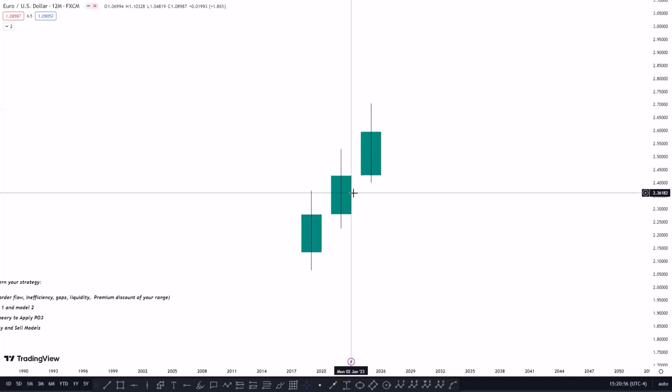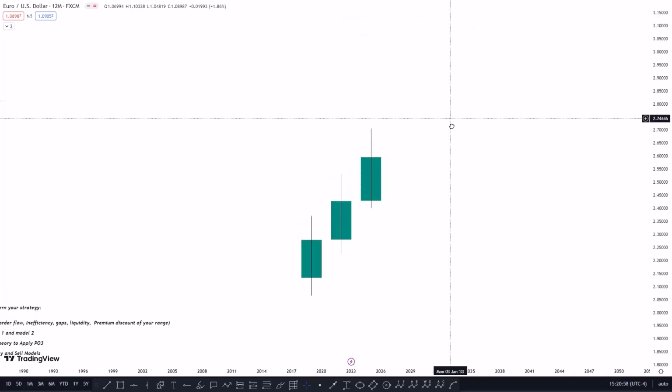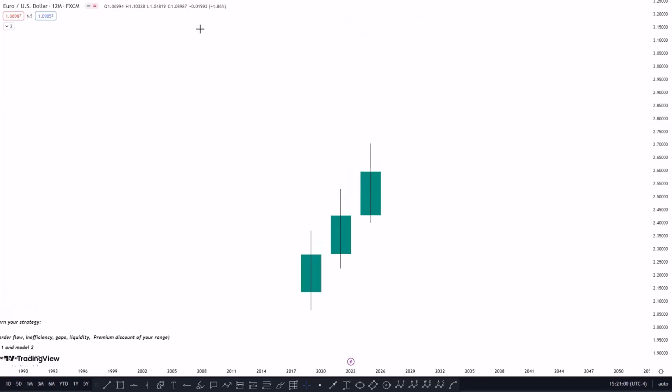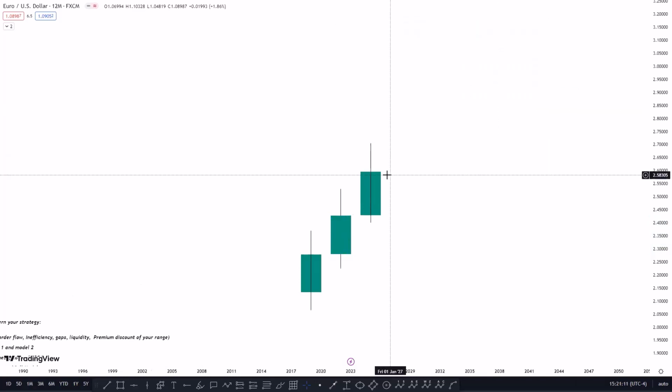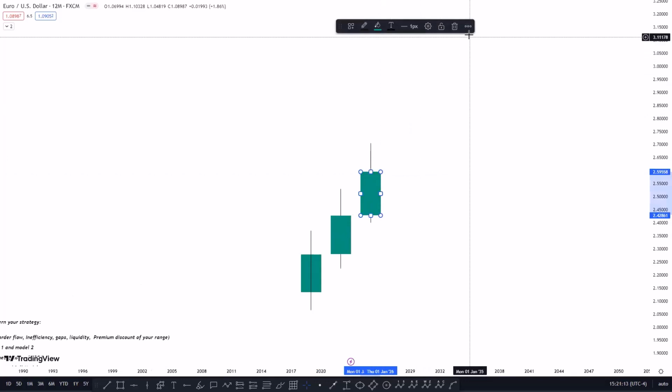You have to compare three candles, no more. Only three candles, when you are trying to identify this concept. Compare three candles.